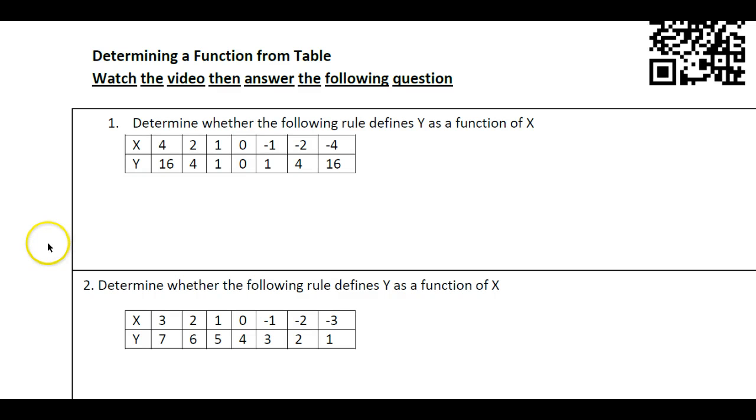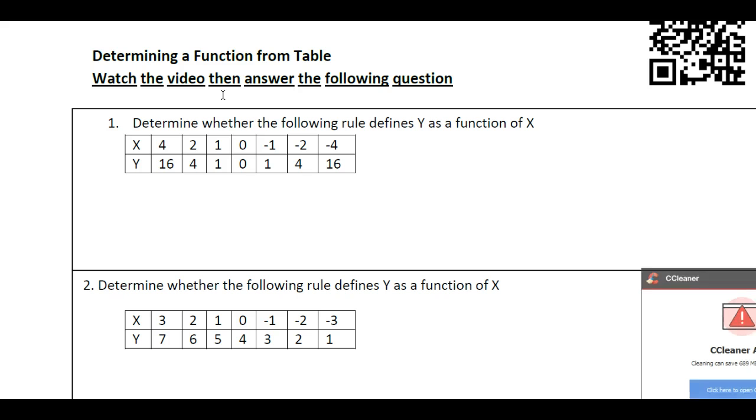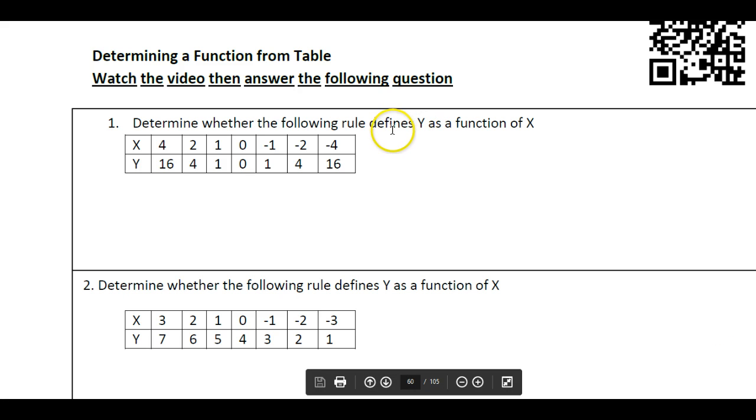We are now on page 60, and to give you a little background, we're wondering how do we determine from a series of data whether we can determine if something is a function.